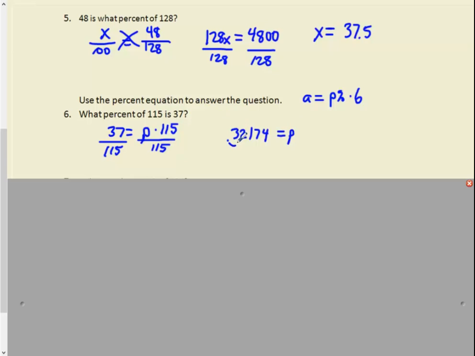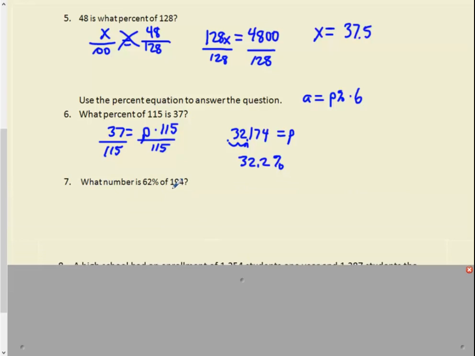We need to move the decimal 2 places to the right to get percent, and also we're going to round to the nearest tenth of a percent. So that 1, we look to the next place over, that's 5 or higher, so I'm going to round the 1 up to a 2. So we're going to say 32.2%. Does that make sense? Well, that's a little less than 1/3, and 37 is a little less than 1/3 of 115. Seems reasonable.